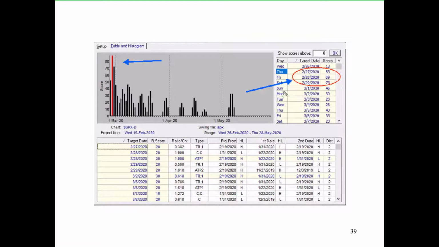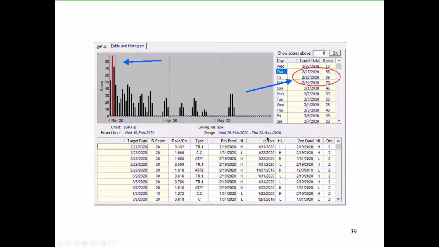I'll run the projections that take the information from the key swing highs and lows that I mark on the chart, and then it will put out the ratios and give you a visual of where there's a standout decision where you might want to be aware of timing for a possible reversal. So in this case, it came in February 27th through the 29th, and this was in the S&P, and this is where I was projecting it from.